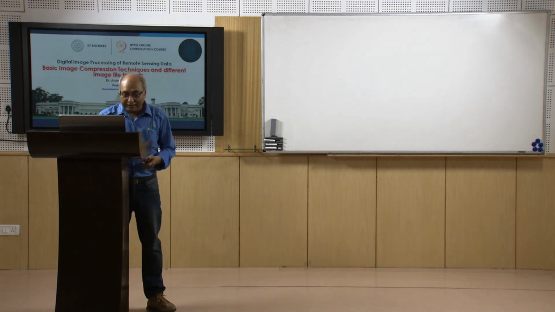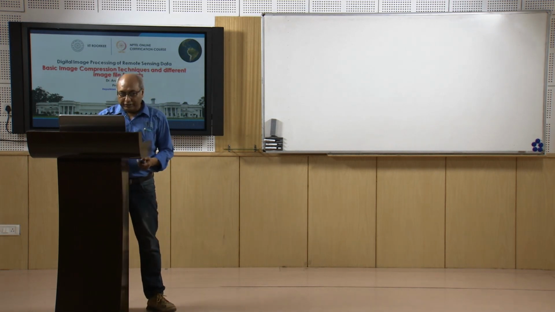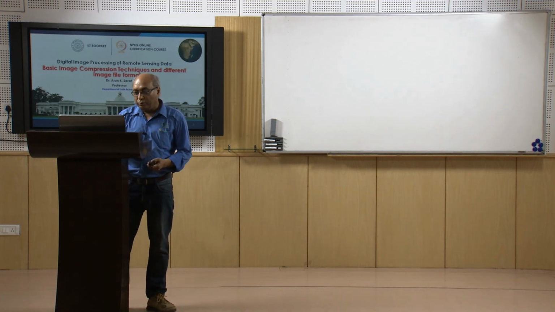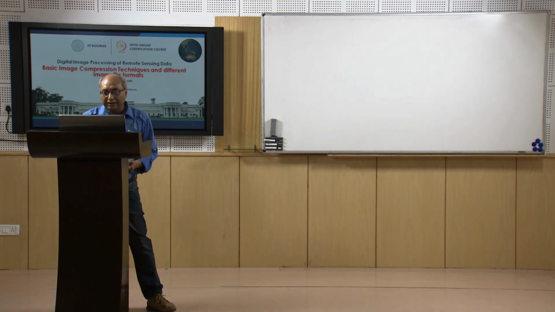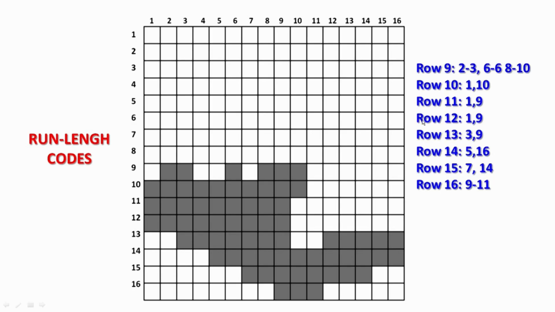In run length codes, if we want to code the same binary image, then in roughly just 8 rows we can store this entire image rather than 16 by 16 rows and columns.